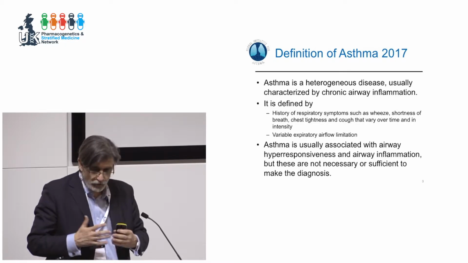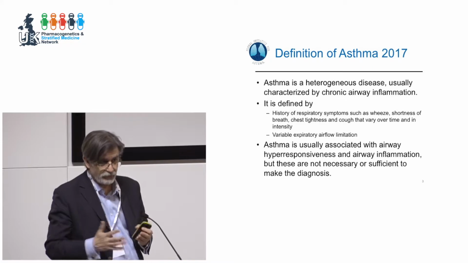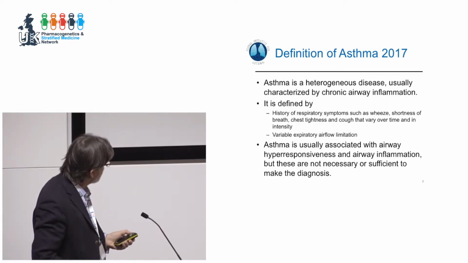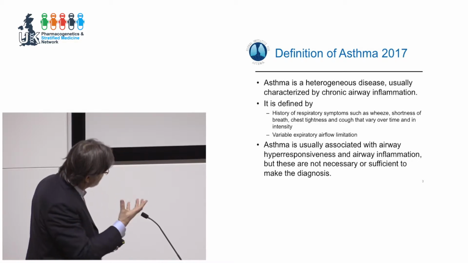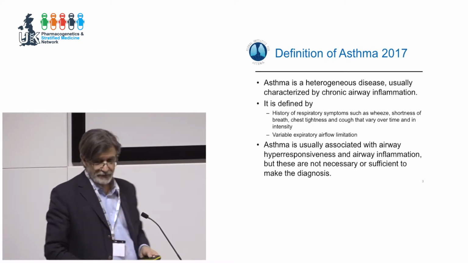We know so much about the mechanism, but nobody's been able to use that to stratify disease. And this is as good as it gets in terms of airways inflammation. The statement is that asthma is usually associated with twitchiness of the airways, hyperresponsiveness, but these are not necessarily sufficient to make the diagnosis.